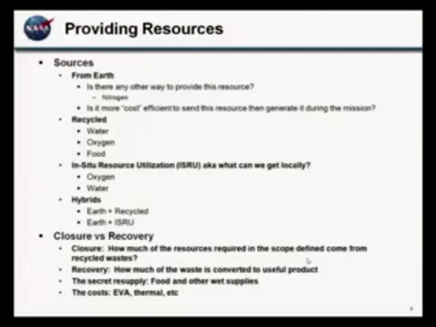The cost of cracking the methane back into hydrogen right now is relatively high, though definitely people are working on that. And so there may be a decision you have to make where you bring part of your recycling resources with you in order to make the process go to completion.